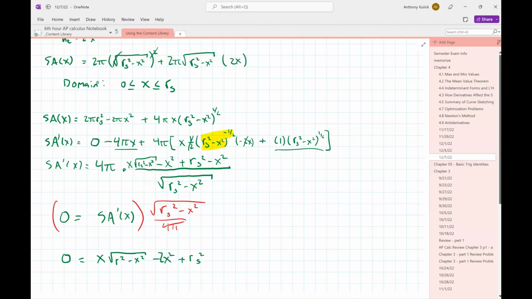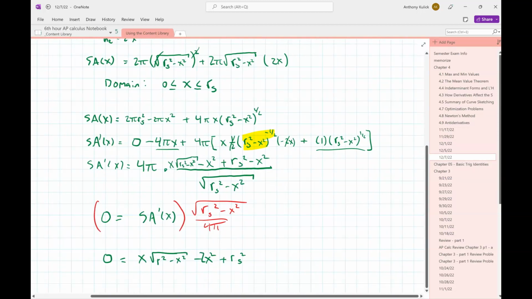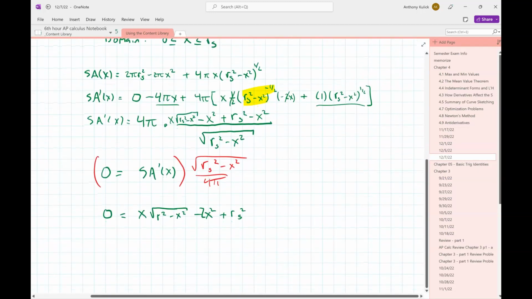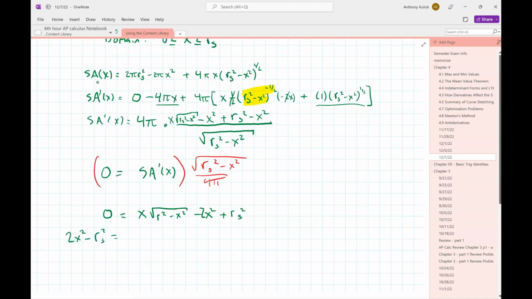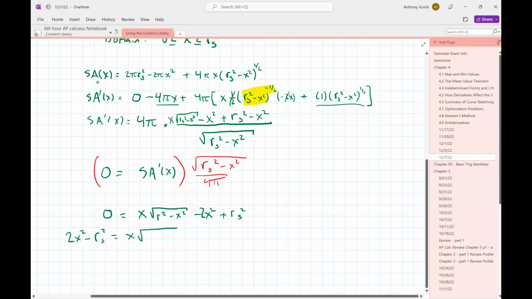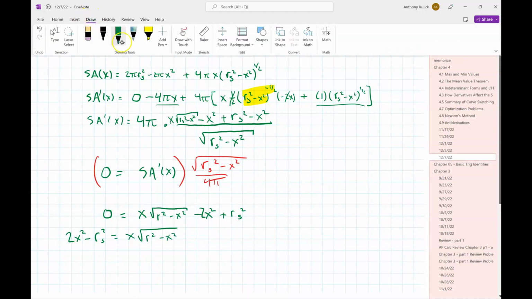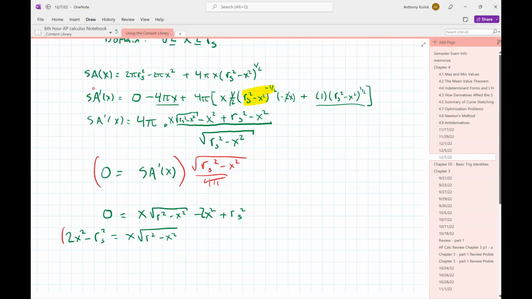Okay, who remembers how to solve something like this from Algebra 2? Okay, you want to get the square root piece by itself. So I'm going to add over the 2x squared and subtract over the r squared. And then I'm going to square both sides to cancel out the radical.